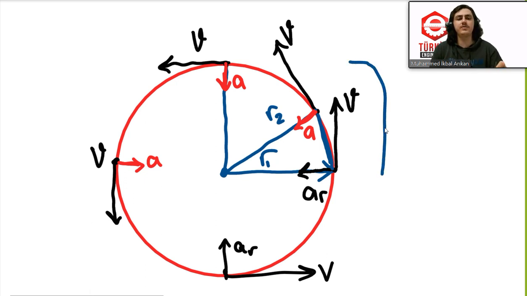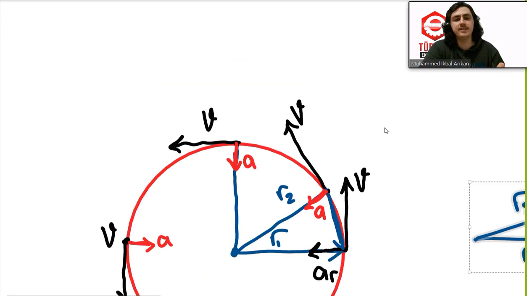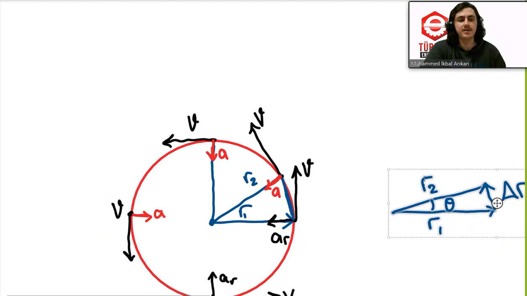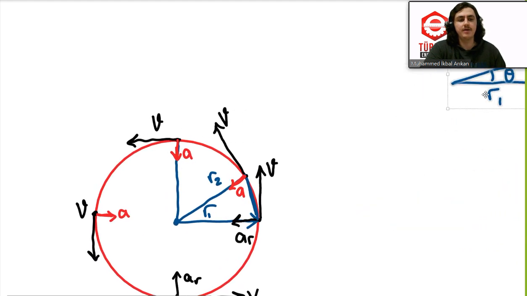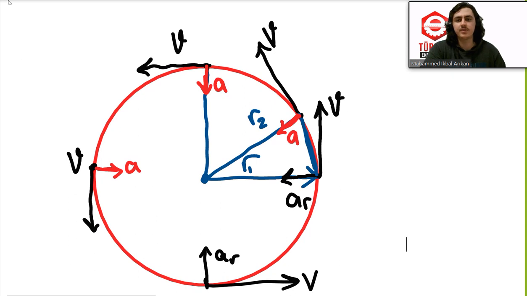The first direction is counterclockwise, which is opposite to the clockwise direction. The second possibility is the opposite of this one, which is the clockwise direction. So I can move in the clockwise direction, or I can move in the counterclockwise direction.